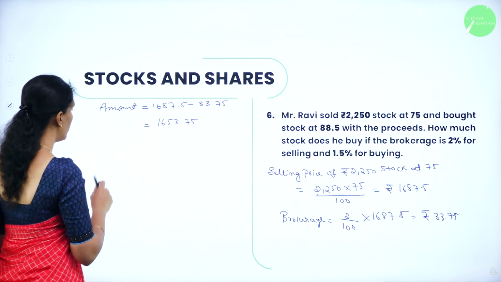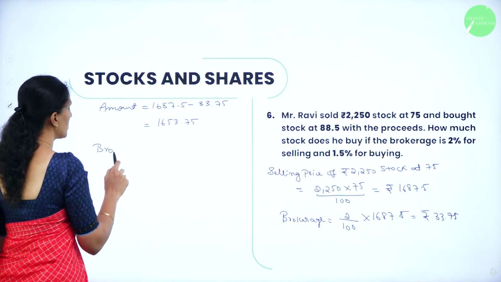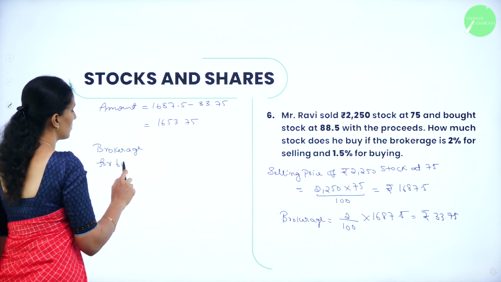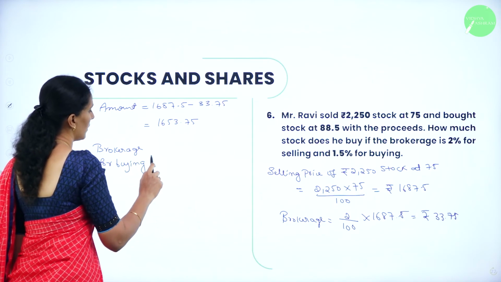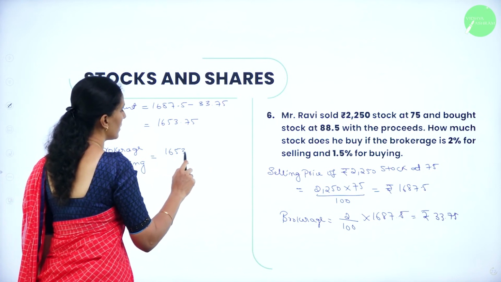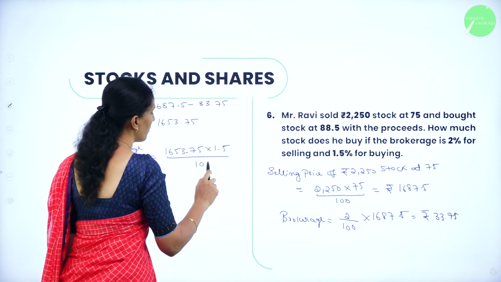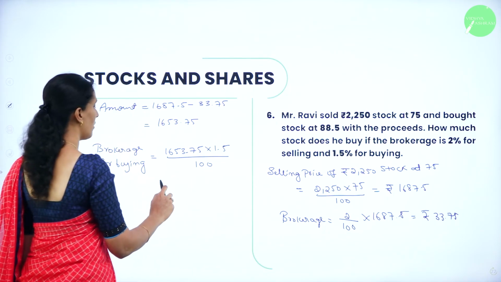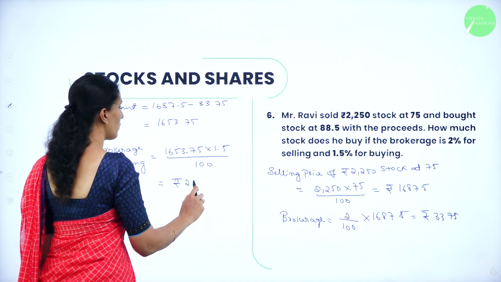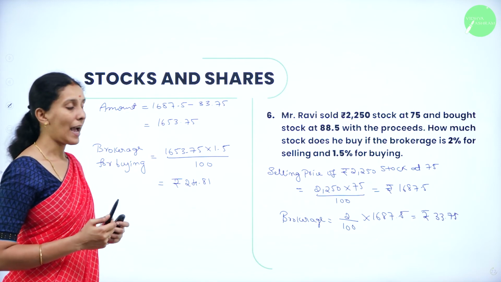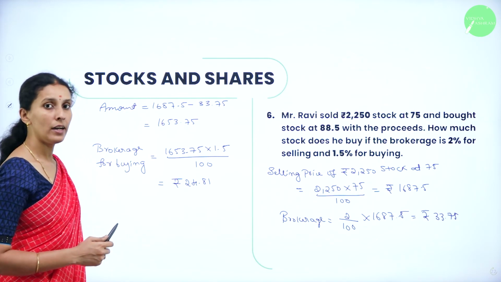So, now using this amount, he is buying the stock at 1.5%. So therefore, brokerage for buying is equal to 1653.75 into 1.5%, that is 1.5 by 100. So therefore, it is equal to rupees 24.81. Now let's see what is the remaining cash available after he pays the brokerage.